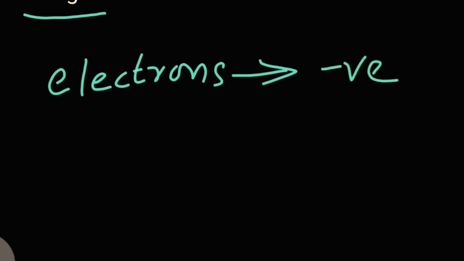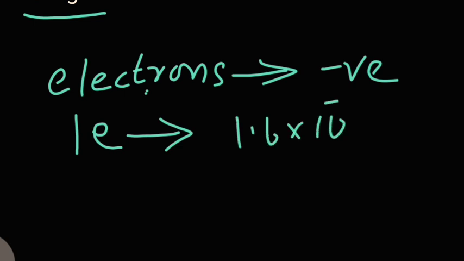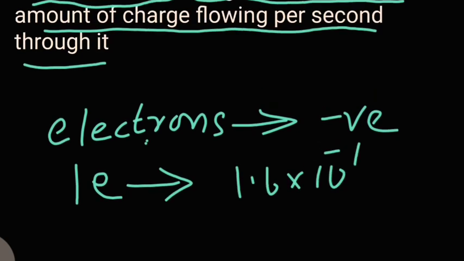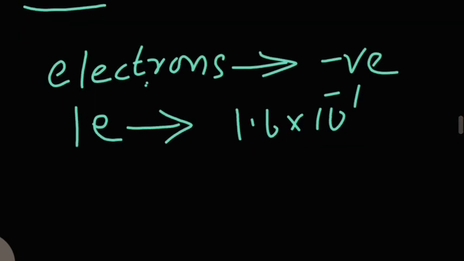And in smaller classes you have learned that one electron will have a charge of 1.6 into 10 raised to minus 19 coulomb. There is a negative sign here to show that the charge of electron is negative.